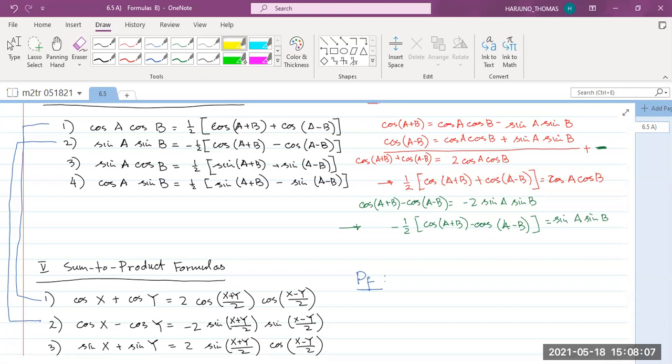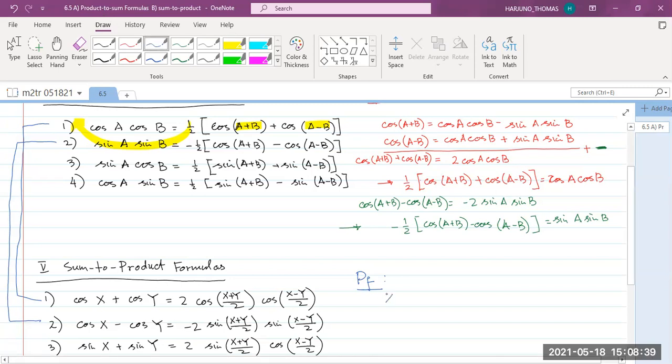What happens is, suppose we are given a sum of cosines instead, so cosine x plus cosine y. Then what will that equal to? We will multiply both sides by 2, so we will get 2 cosine something, cosine something. But let's first do that substitution.